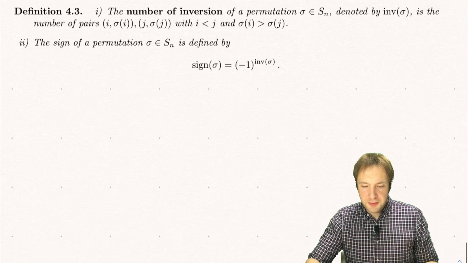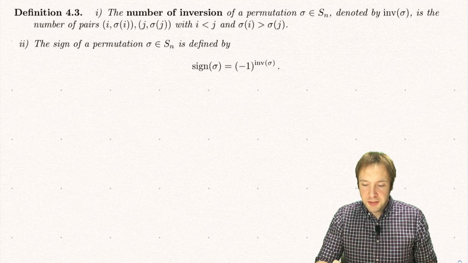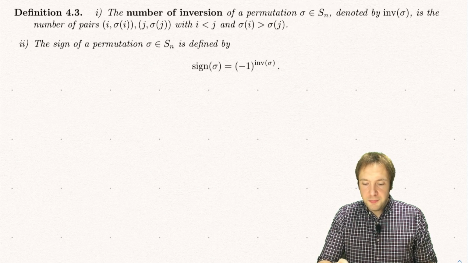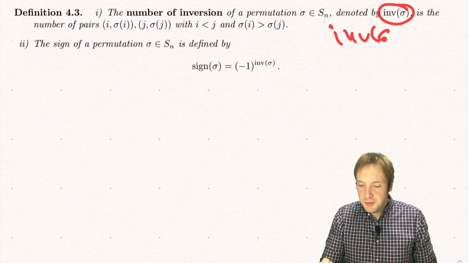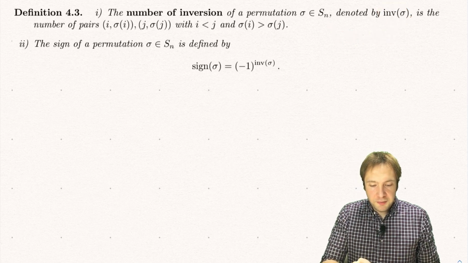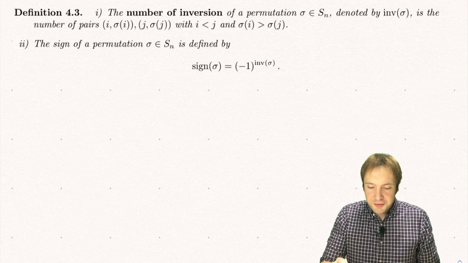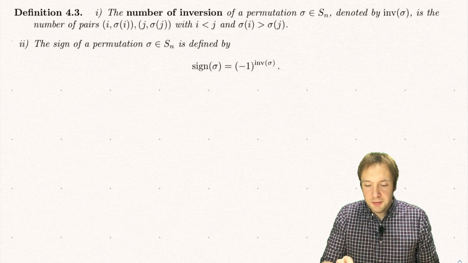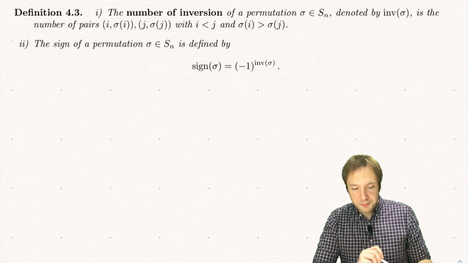So namely, there's another word. The number of inversions of a permutation sigma, which we write as inv of sigma, is the number of pairs (i, sigma(i)) and (j, sigma(j)) such that i is smaller than j, but the image sigma of i is larger than sigma of j.